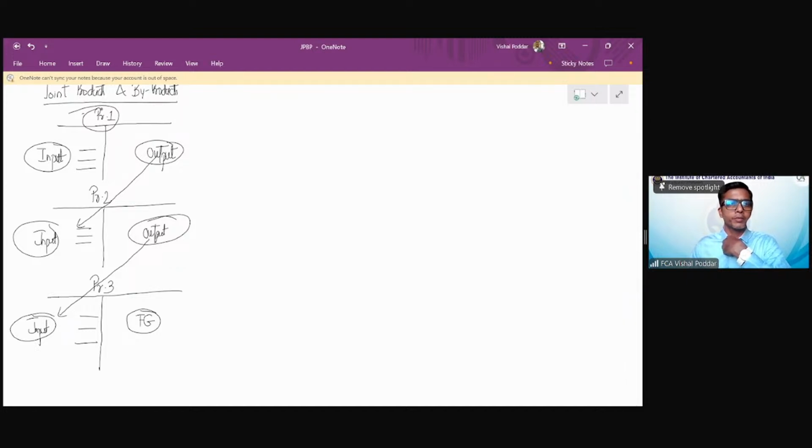Now, once you have got this finished goods, your final product, we have studied how to do costing up to this. So we do stage wise costing. First, we did costing of this. Whatever cost we got over here became the main raw material cost here. Then we did costing here of this output. Whatever was the cost became the main raw material cost here.